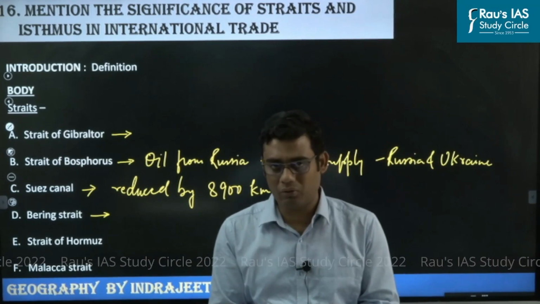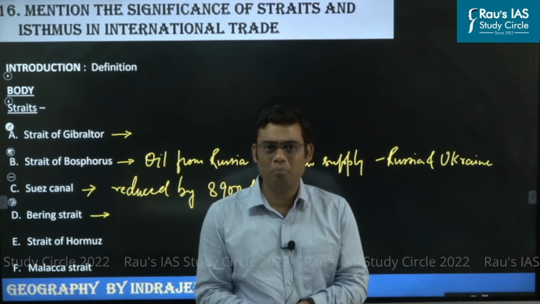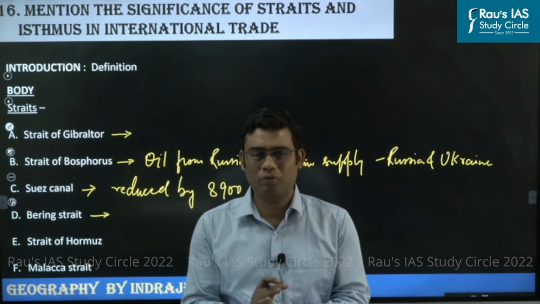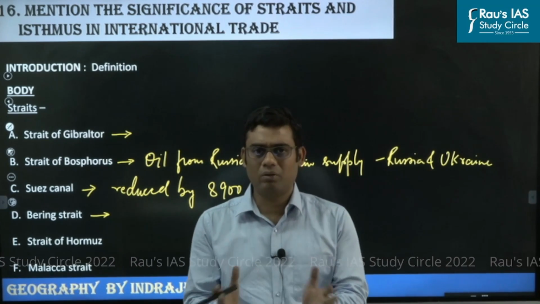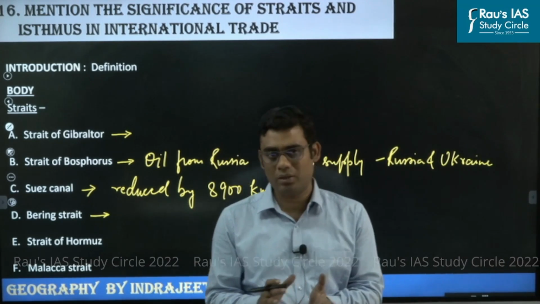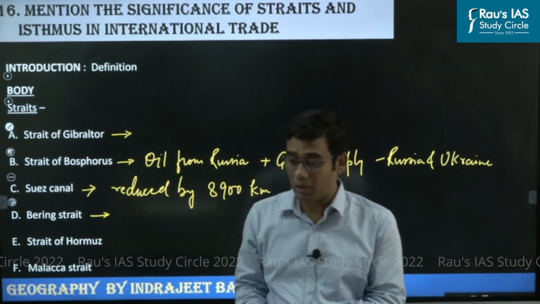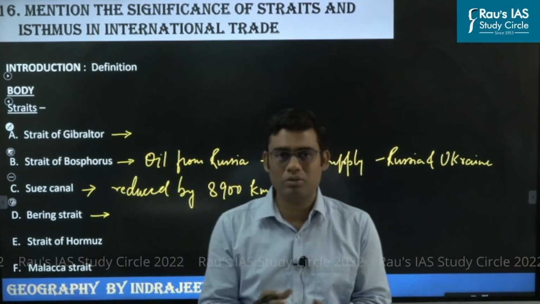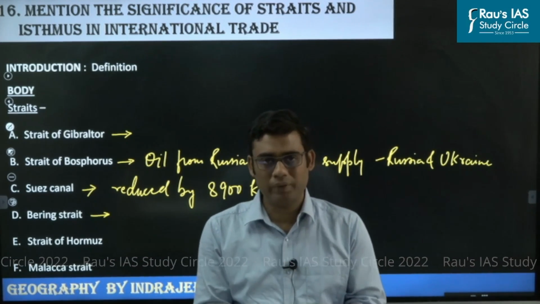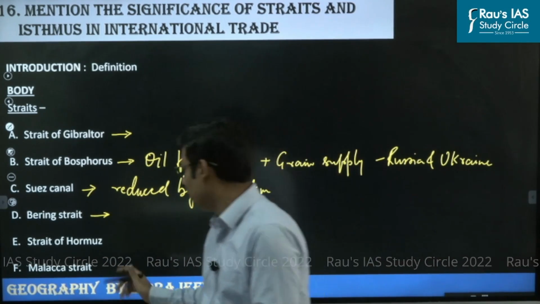Further, in the present time with global warming, the maximum impact can be seen in the Arctic Ocean, where there is a lot of melting of ice, which opens up the potential of this region to be used as a sea route. And so Russia has identified something called the Northern Sea Route, which it can use via the Arctic Ocean. From that perspective, Bering Strait becomes very important.